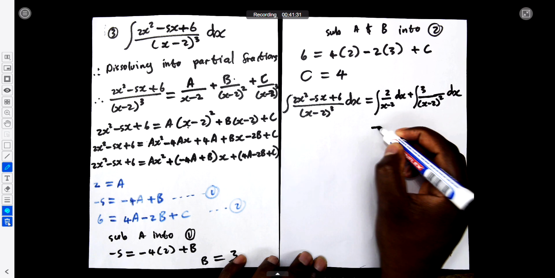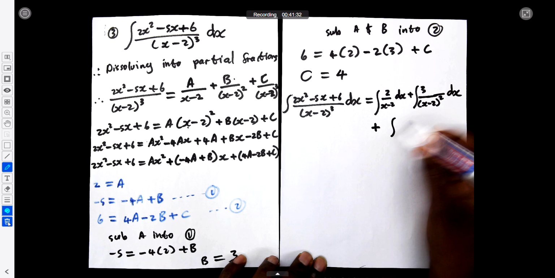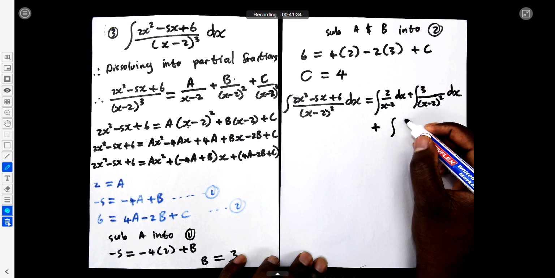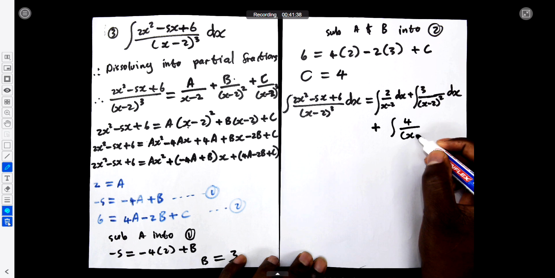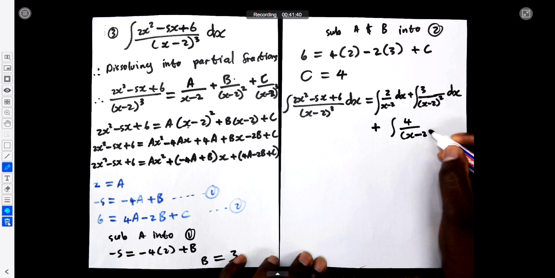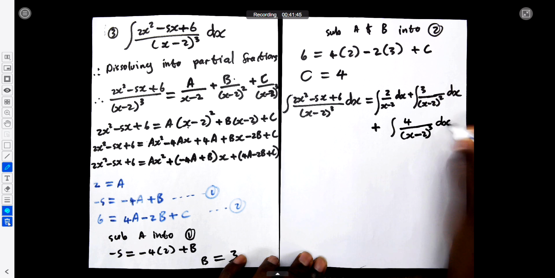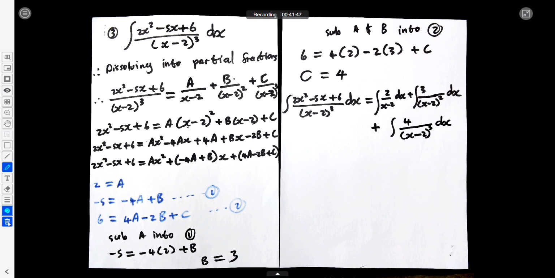The last term will be plus the integral of C, which is 4, all divided by (x minus 2) all to the power of 3 dx. So we have to integrate.